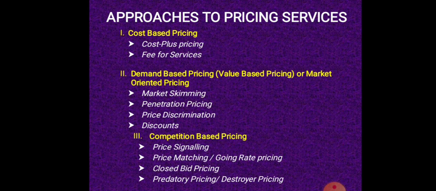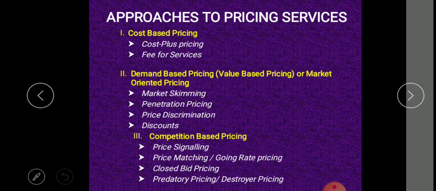Generally, we have a basic formula for cost based pricing: price is equal to fixed cost, which includes overhead or indirect costs, plus variable cost, which are direct, plus profit. These are the three main things that are added to make up the price. So basically, cost based pricing starts with determination of costs.